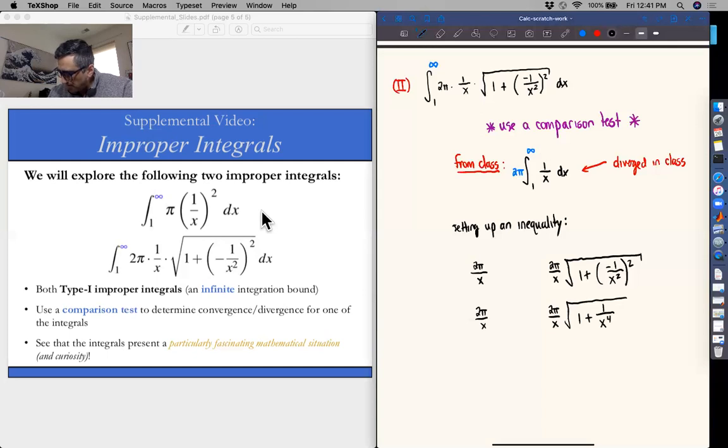And remember, where we care about this comparison is actually between our original integration bounds, the 1 and infinity up here. So we want to set up this inequality where we're strictly thinking about x as being between 1 and infinity, because that is where our integration bounds were, again, infinity and 1.